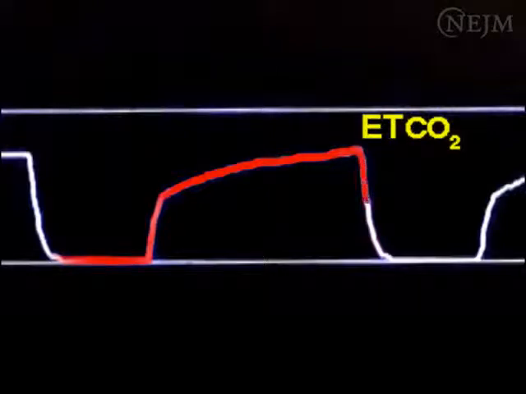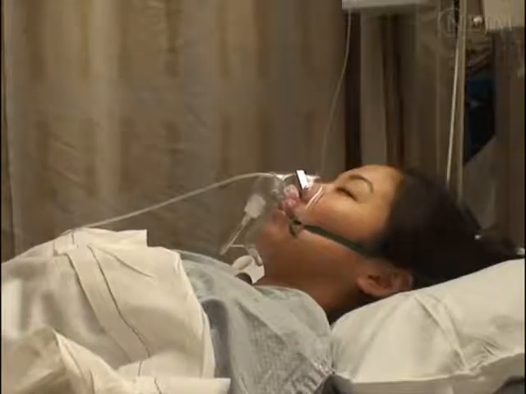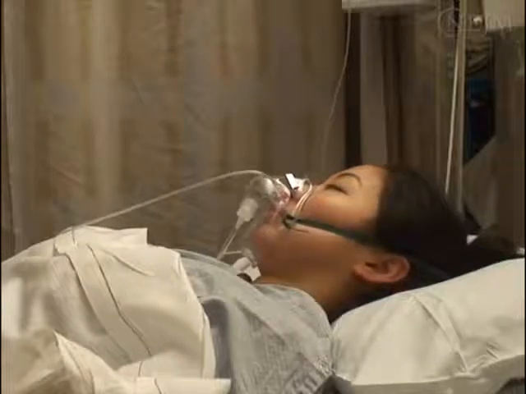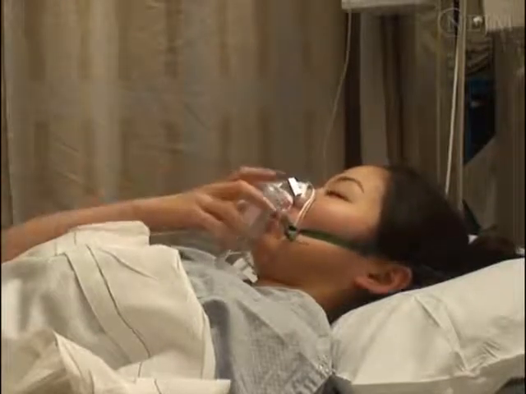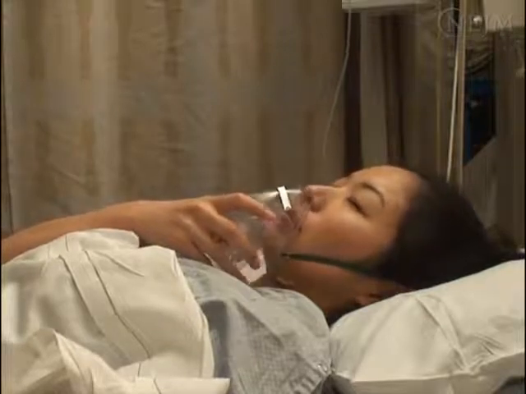As the patient begins to inhale again, the capnogram falls rapidly to 0, indicating the absence of carbon dioxide in the inspired gas. In patients who are not intubated, the samples of the exhaled gas are mixed with the surrounding atmosphere and fresh gas flow, diluting the concentration of carbon dioxide.